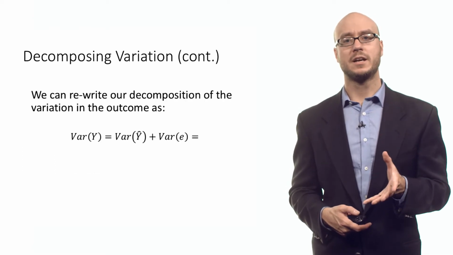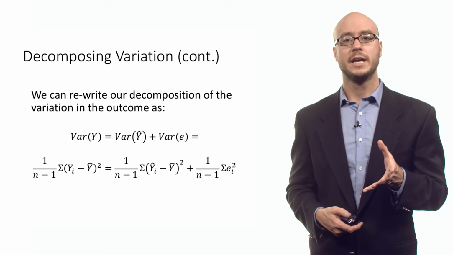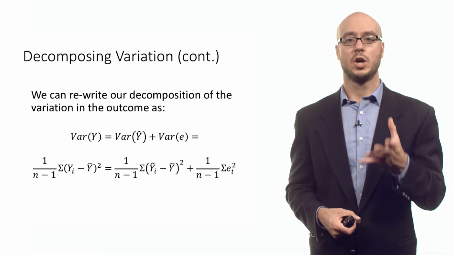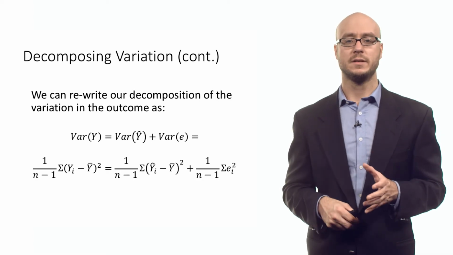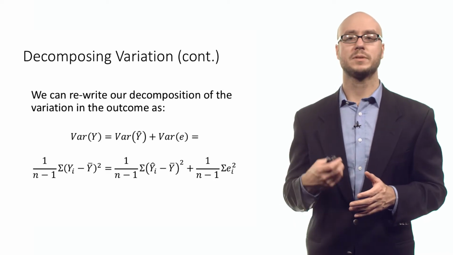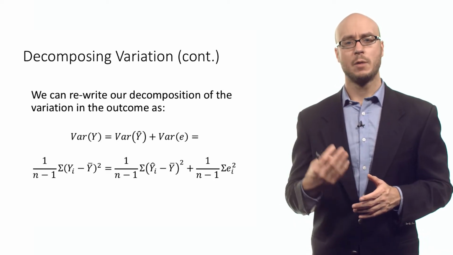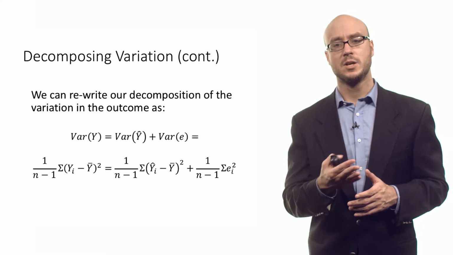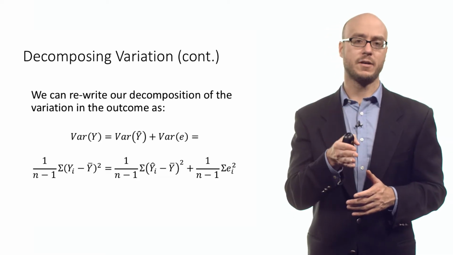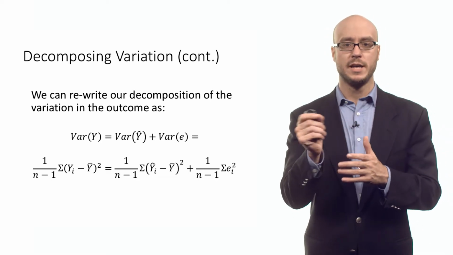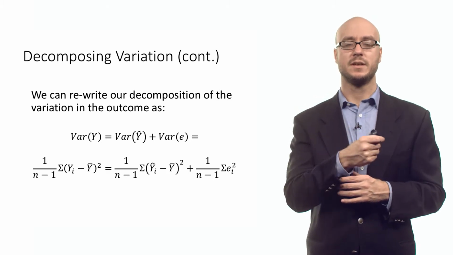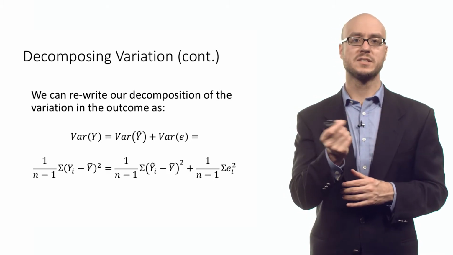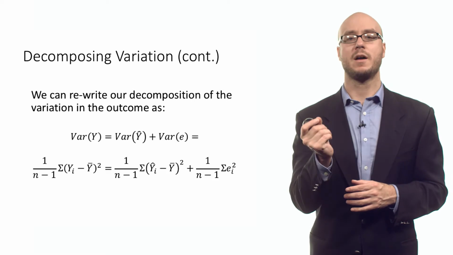So we can rewrite our decomposition of the variation of the outcome in terms of this formula. This is simply the variance of y equals the variance of y hat plus the variance of our errors. And if you recall the variance, we use the mean of a variable as the benchmark. So we're looking at all the distances for the total variation, the distances of the raw values of y around the mean of y.